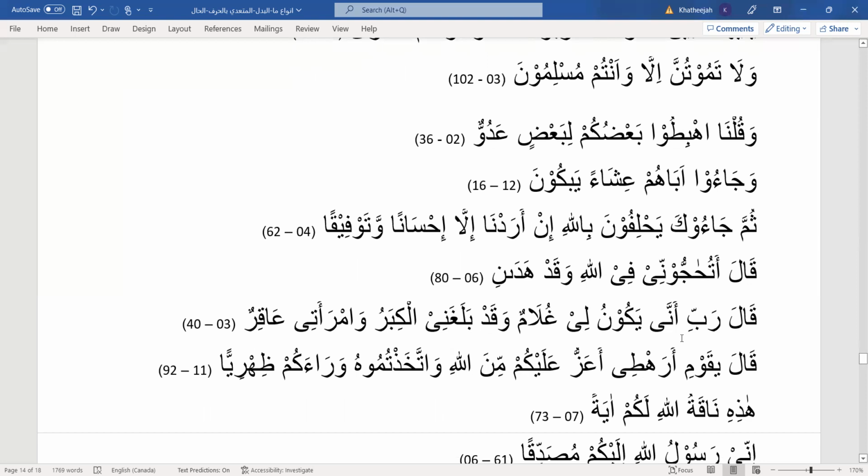Another example. قال رب أنى يكون لي غلام وقد بلغني الكبر وامرأتي عاقر. He said, "O my master, O my Lord, how will a boy be for me?" Boy is the outside doer here, غلام. While old age has reached me.